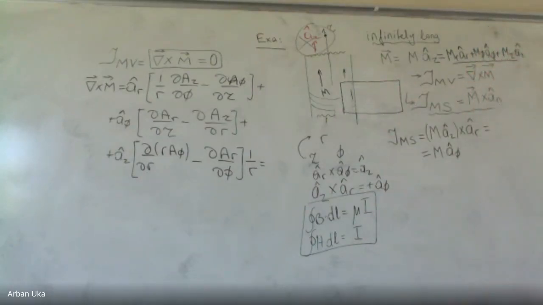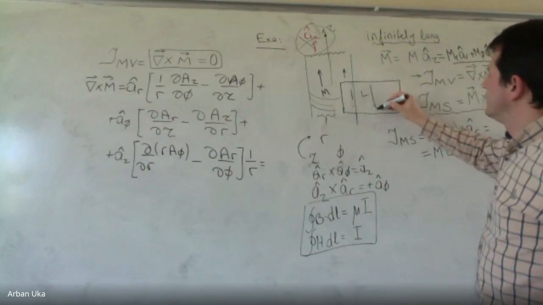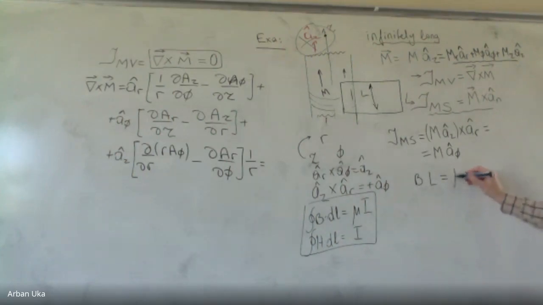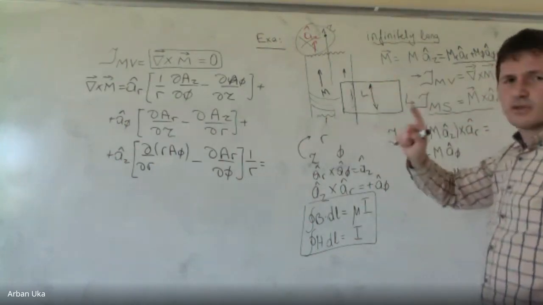Okay, and then if we assume that this has a length L here, we can think that B times L is going to be equal to μ0 times I.